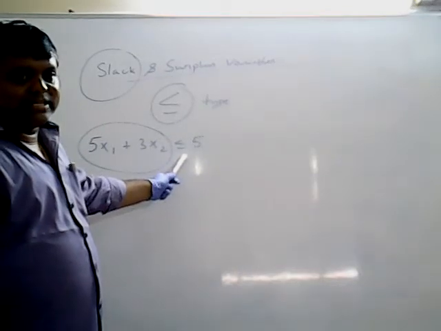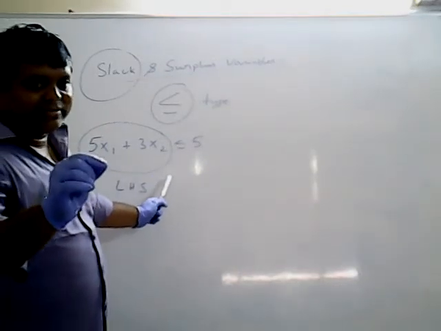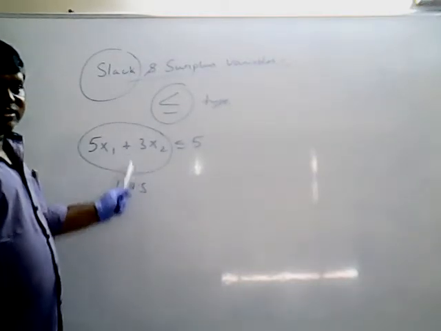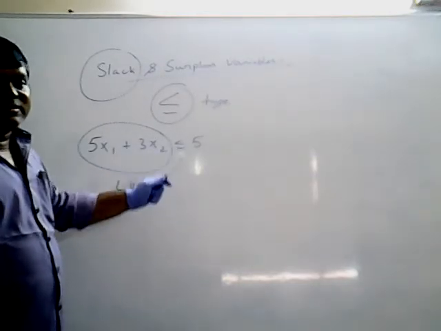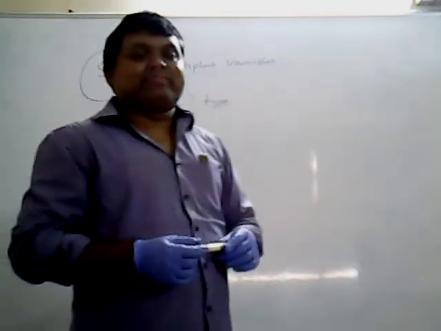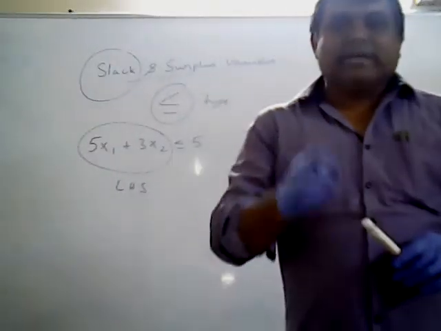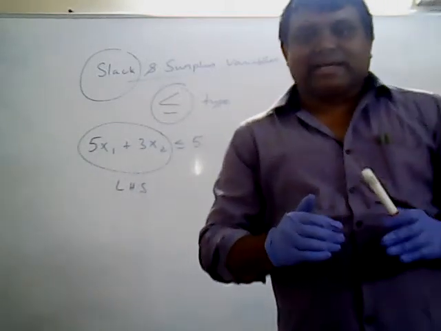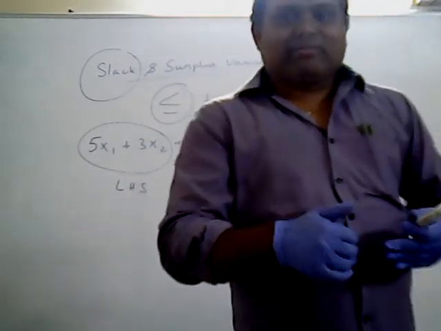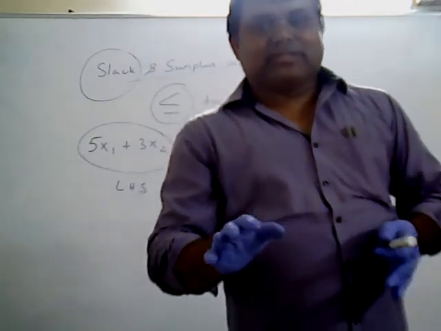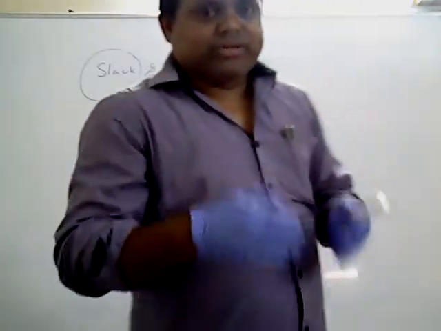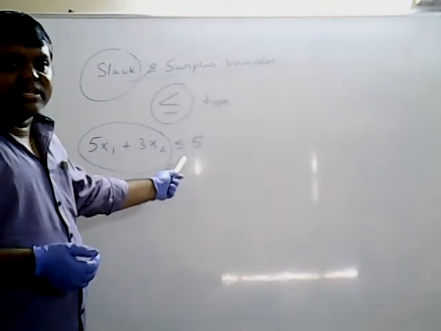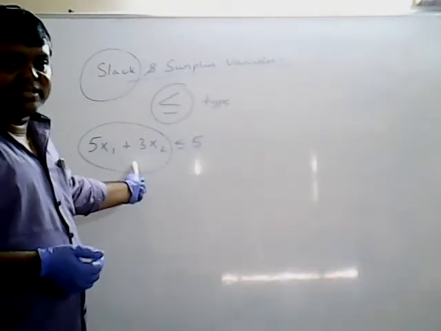Slack variables are required to make the constraint as equality type. In graphical method you directly consider inequalities as equalities, but in simplex method it is not possible. So slack variable is always added to the LHS of the constraint.